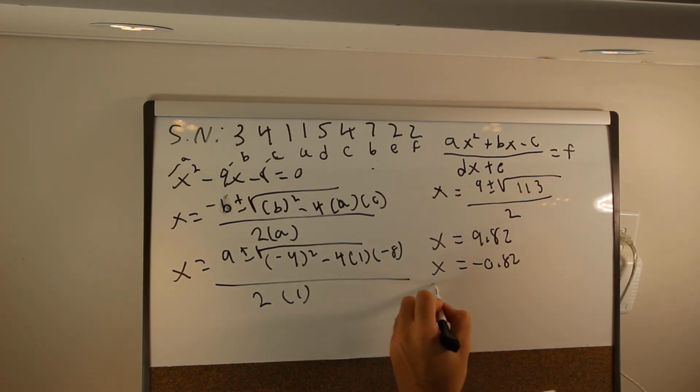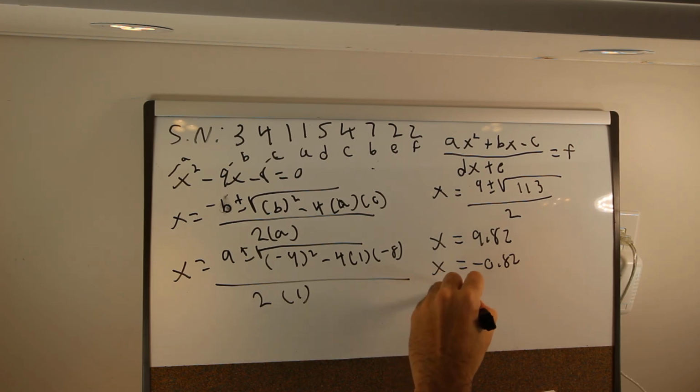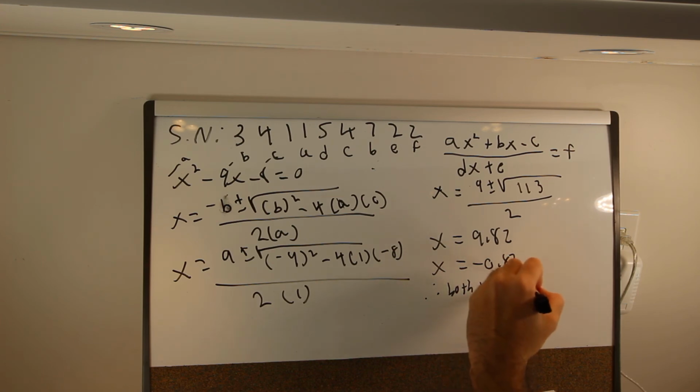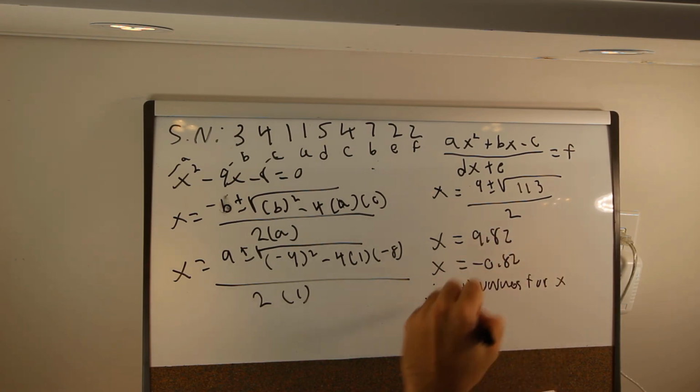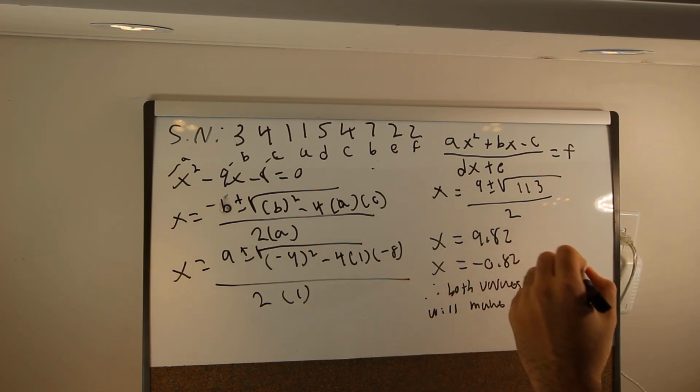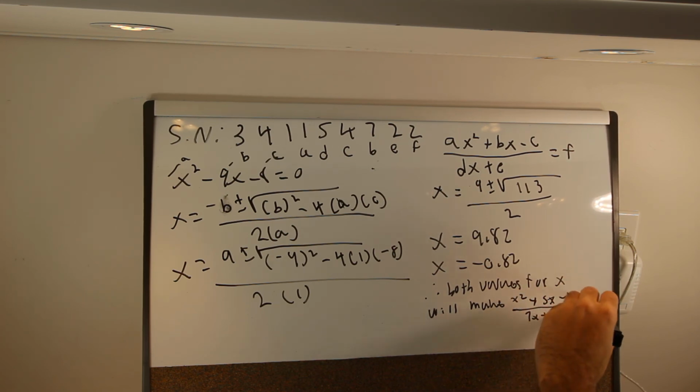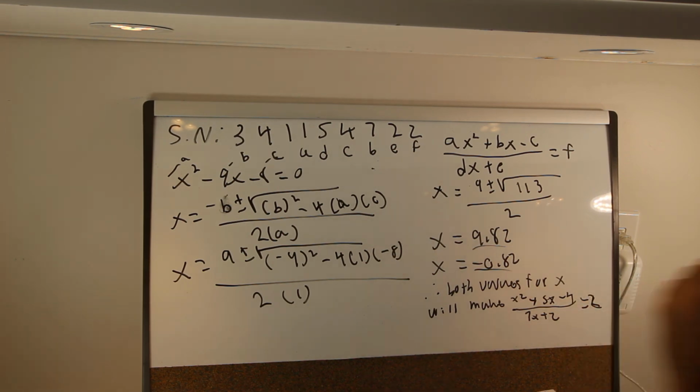So both of these values for x will make x squared plus 5x minus 4 over 7x plus 2 equivalent to 2. If you plug either of these values into x properly, you should get the value 2, making this correct.